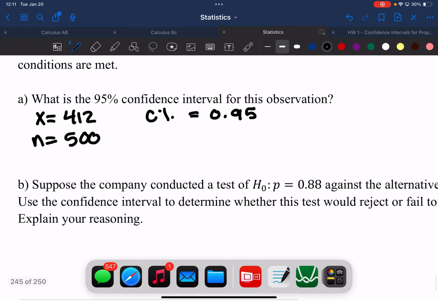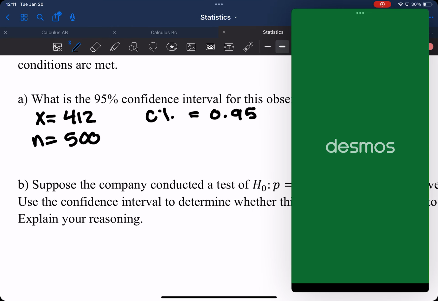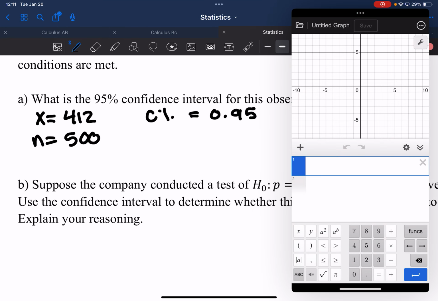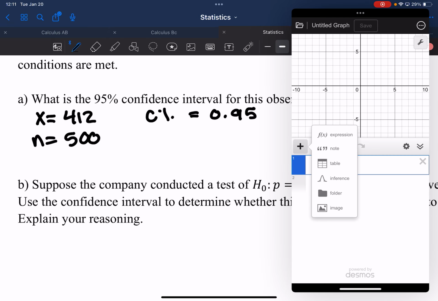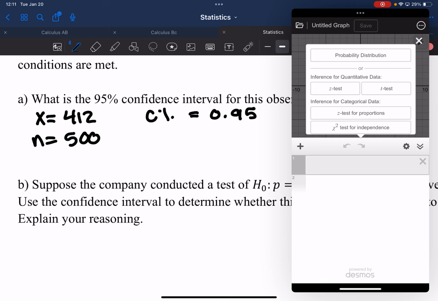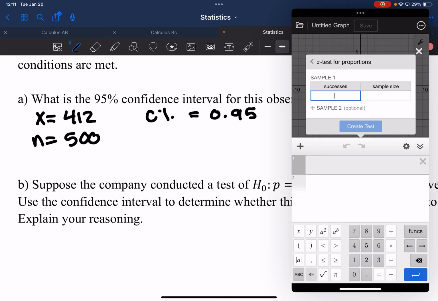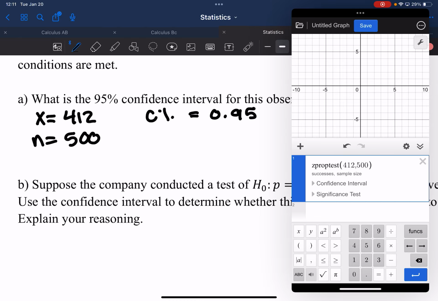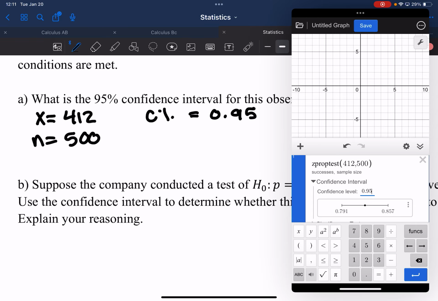Okay, so I'm going to open up Desmos again. And I'm going to do the same thing: add an inference, z-test for proportions. Okay, my successes was 412, and my sample size is 500. Okay, I'm doing a confidence interval at 95%, so 0.95.